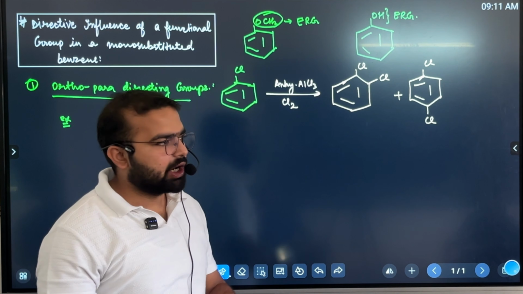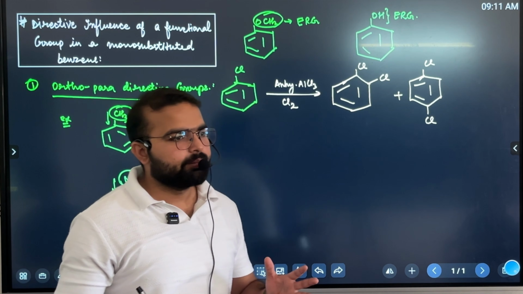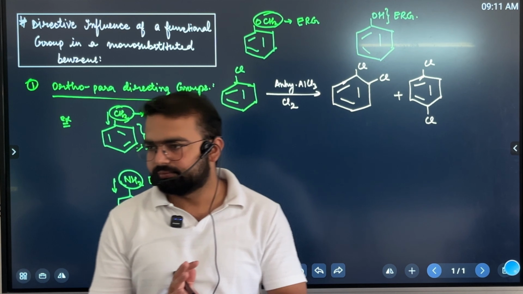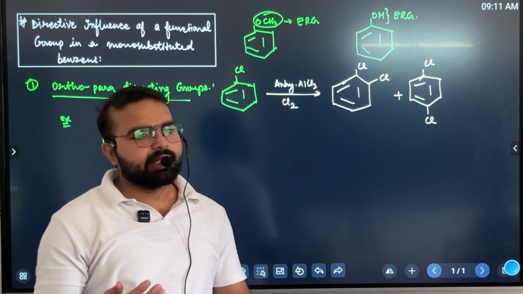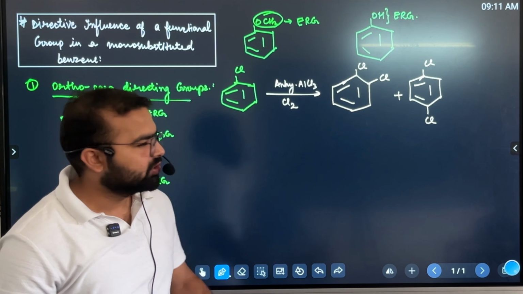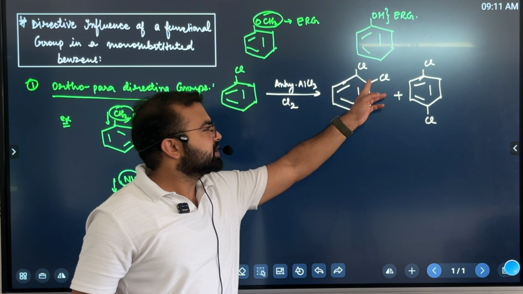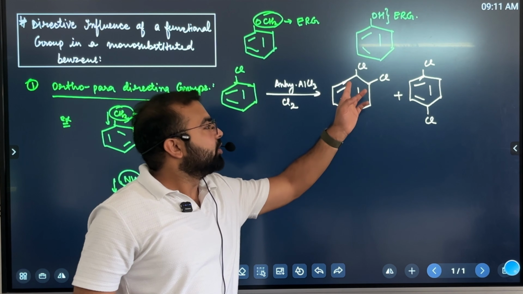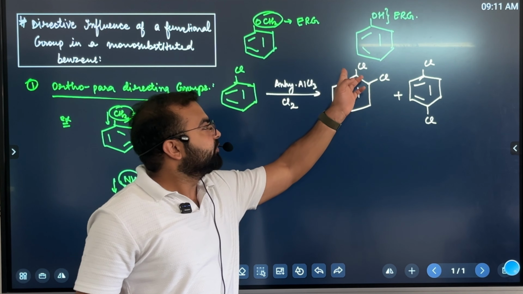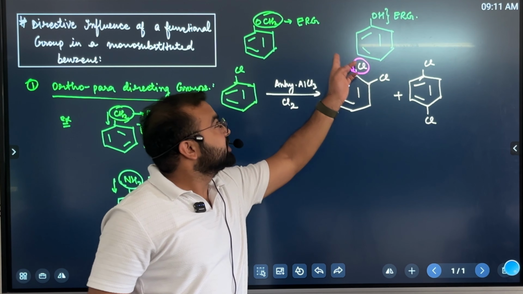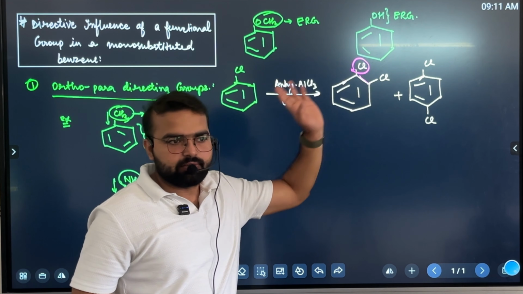Clear? How it was done was also explained based on the resonating structures. What is this resonating structure? Again, just revise the +R effect. You will find that negative charge is generated only on the ortho and para positions, especially if the attached group is an ERG, or electron releasing group.